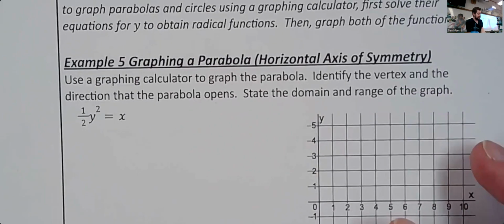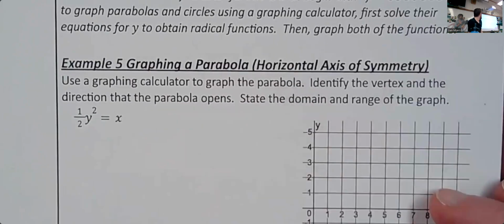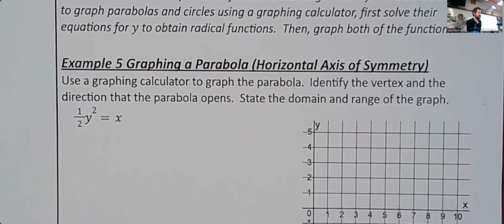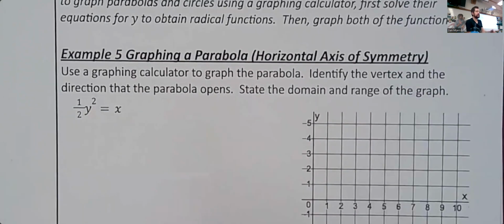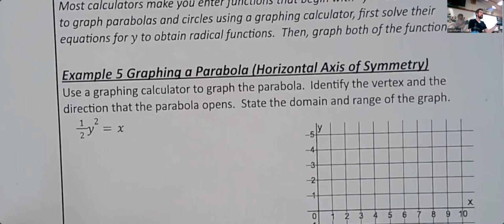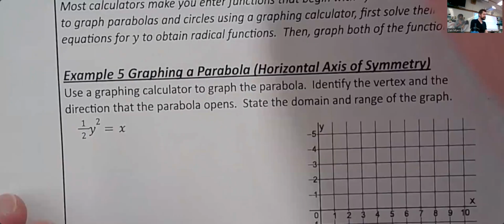And then graph both functions. And the reason why we're going to end up with 2 functions is because to get y by itself, we're going to end up having to square root. And when you square root, you get both a positive and a negative number, which will give us 2 separate functions to graph. So the 2 functions will be separate, but the one function or the one graph that it creates will not be a function, if that makes sense.